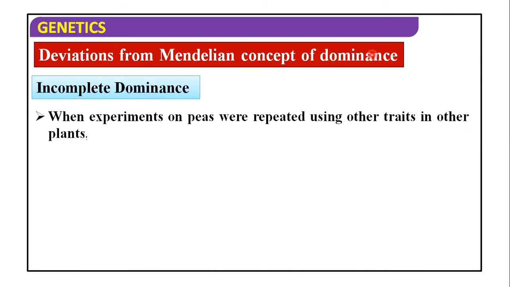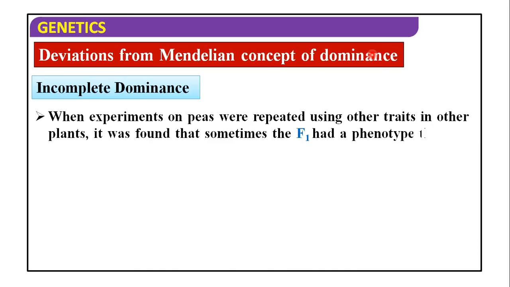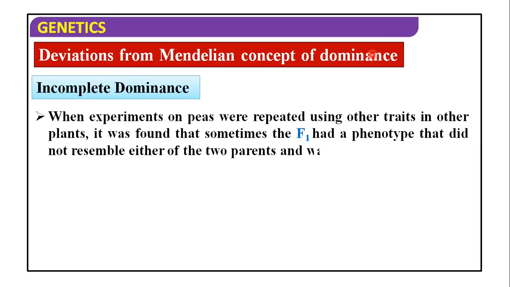When experiments on peas were repeated using other traits in other plants, it was found that sometimes the F1 had a phenotype that did not resemble either of the two parents and was in between the two.